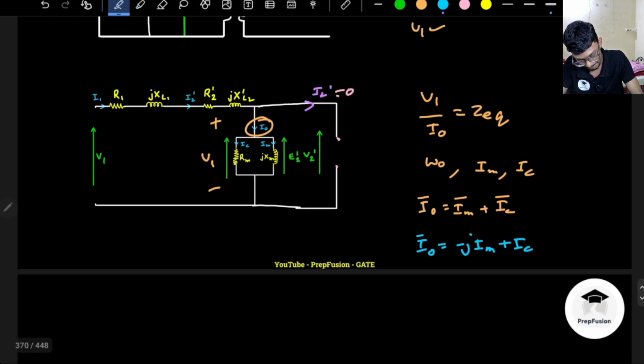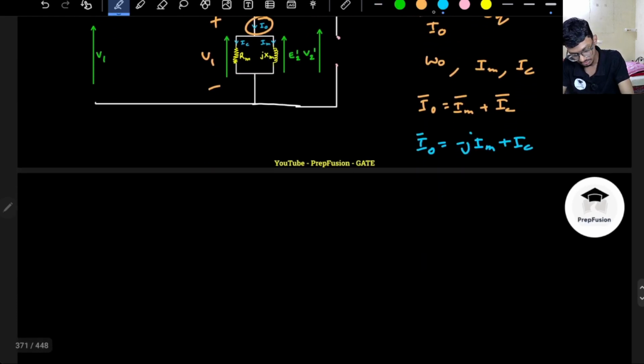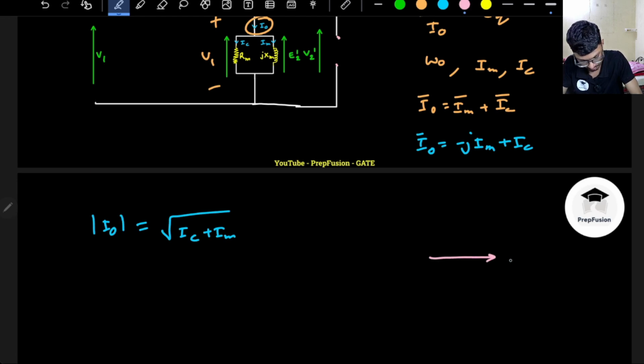If I know the magnitude of IO, the magnitude of IO will be the square root of IC squared plus IM squared. So it is like a power triangle. Here I have my IM, here I have my IC and here I have my IO. This is my phi naught, the no load power factor angle, right?